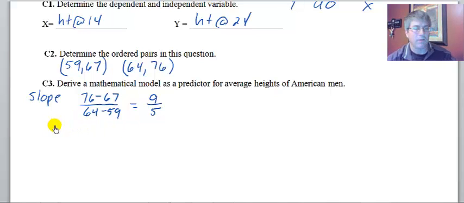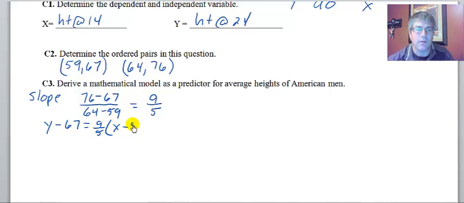Substituting in one of the ordered pairs, the numbers aren't real friendly here, but we'll manage. So y minus 67 equals 9/5 times x minus 59. So we've substituted into point-slope form.